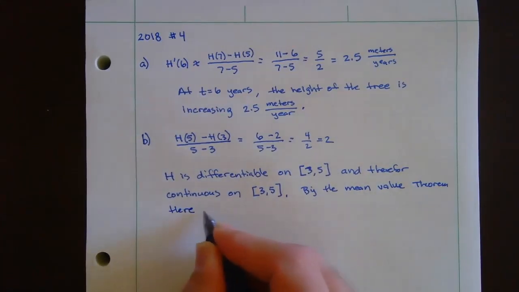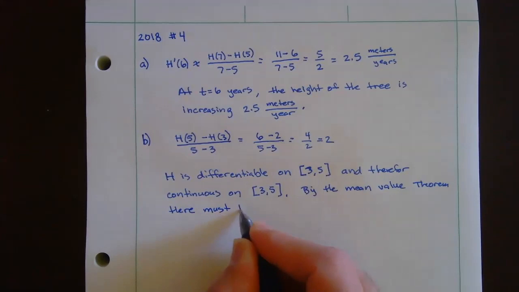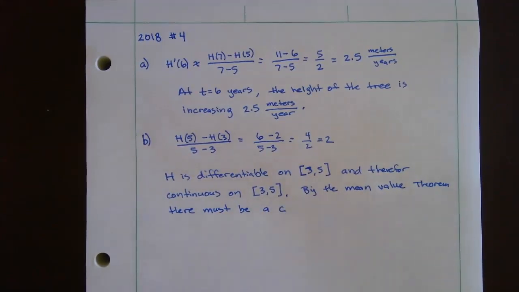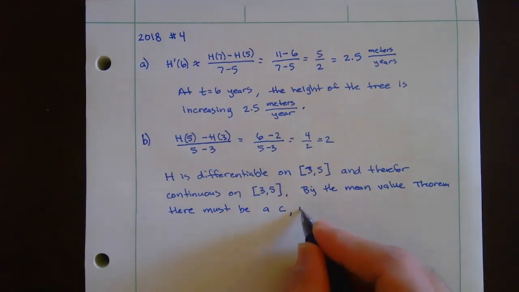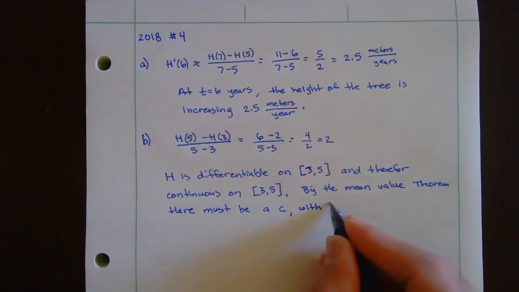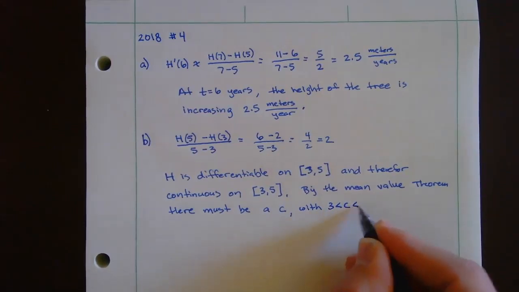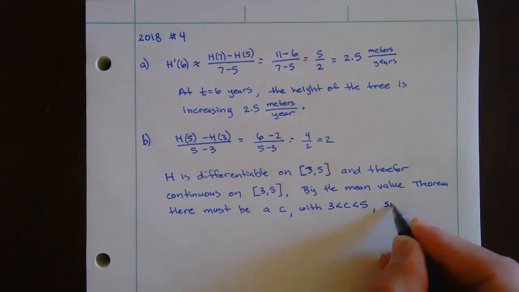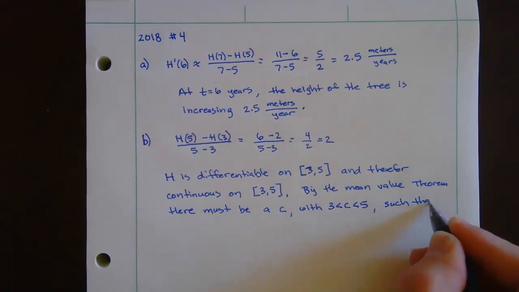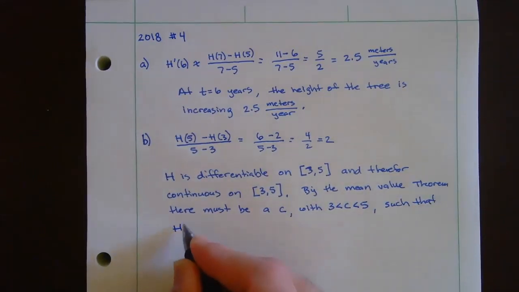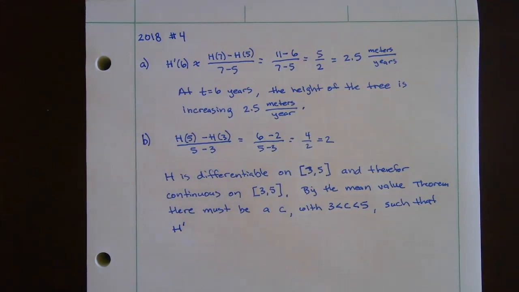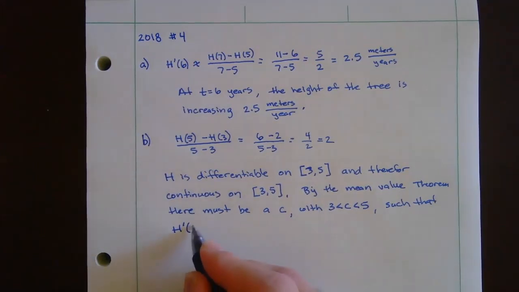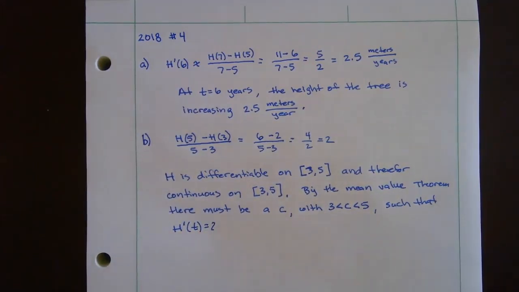there must be a C. And then where is that C? Well, it's in between 3 and 5, with 3 less than C less than 5 such that h prime of, you know what, let me change, h prime of t is equal to 2, because they told you h prime of t, right?